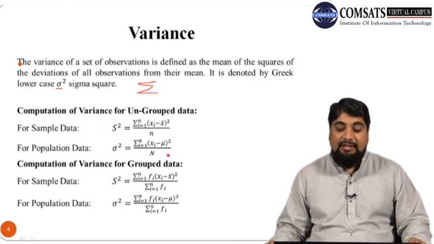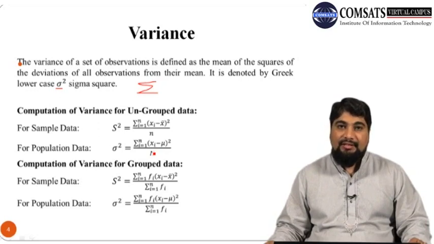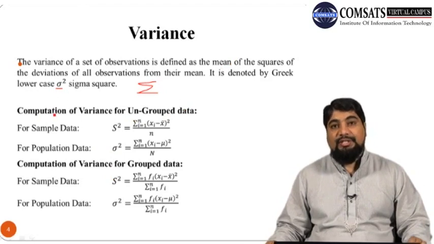And similarly, we replace the small n, which represents the total number of observations in the sample, with capital N, which represents the total number of observations in the population. So this is the formula for sample data, and we also have the formula for population data, and these two formulas are for ungrouped data.